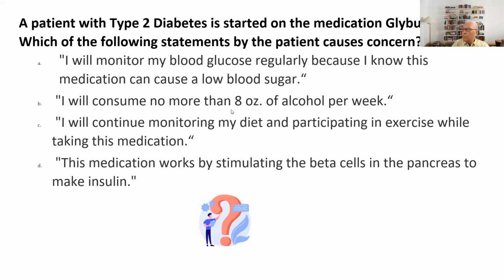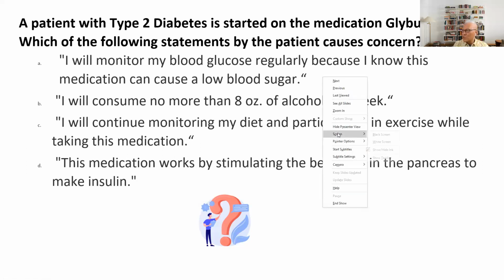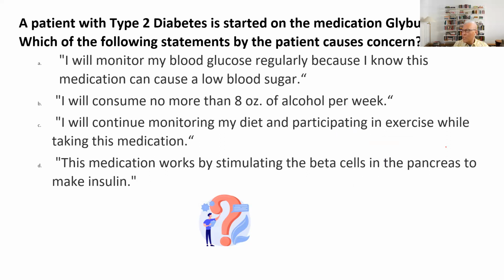Okay, so the important words over here are "causes concern." Which of the following statements made by the patient causes concern? Which means to say he would need further instruction, right? Okay. "I will monitor my blood glucose regularly because I know this medication can cause a low blood sugar." This is a correct statement.